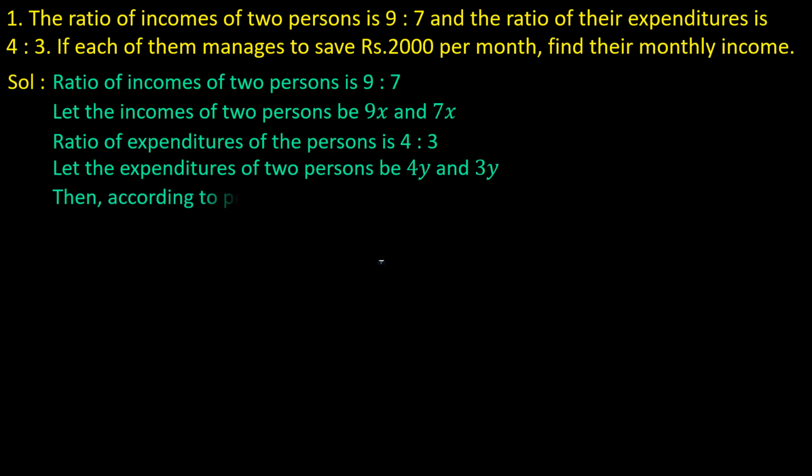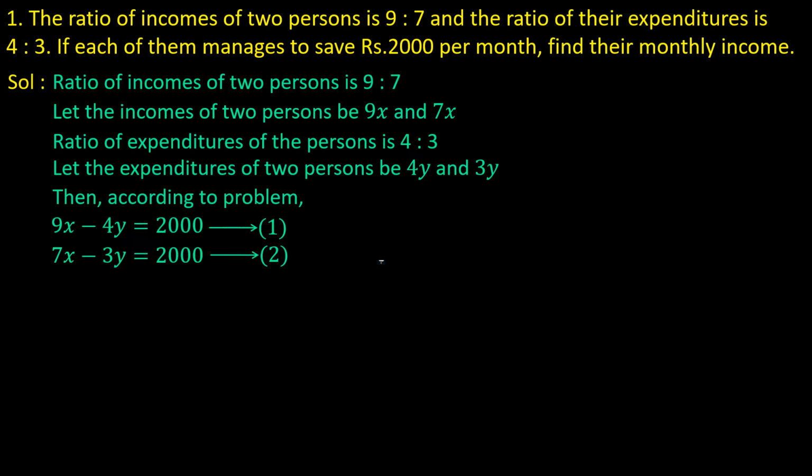So according to the problem, the income of the first person minus expenditure of the first person is equal to savings of the first person, that is 9x minus 4y is equal to 2000. And similarly for the second person, 7x minus 3y is equal to 2000. Take them as equation 1 and equation 2.